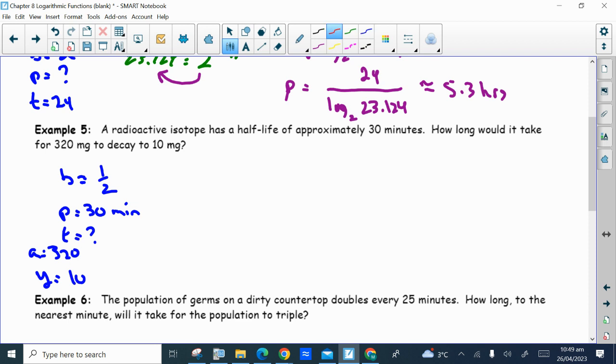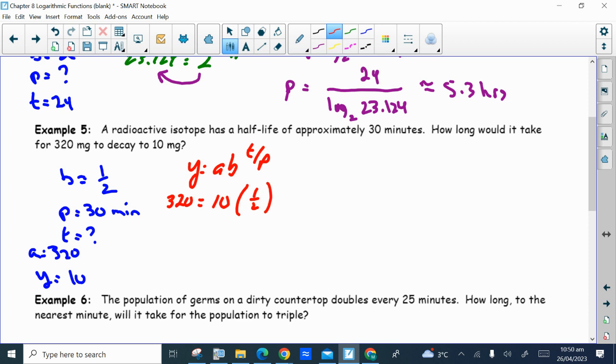So those are all the values that will go into our formula. The amount at the end is 320. That equals the amount at the beginning, A. Our growth factor is a half. 10 is the amount at the end.